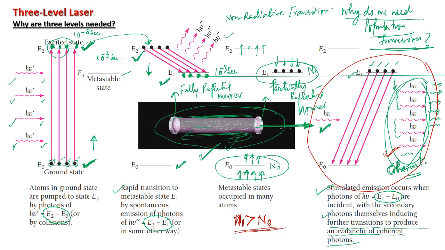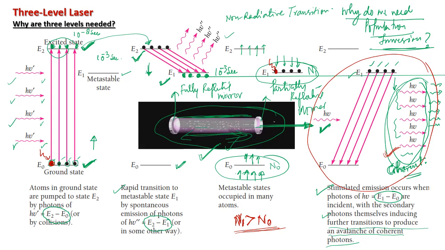If I shine a photon, there is an equal probability that this photon gets absorbed by an atom in the ground state, or that it stimulates an atom in the metastable state.